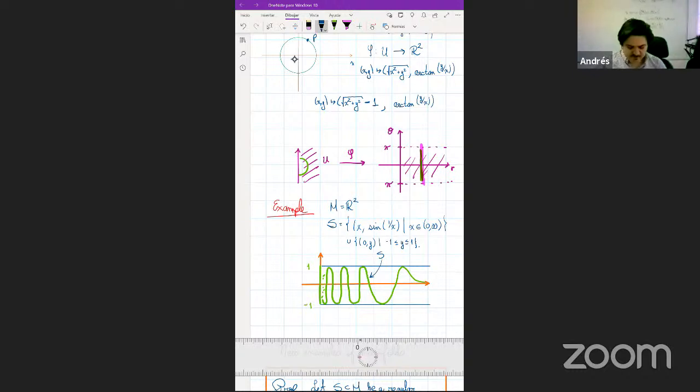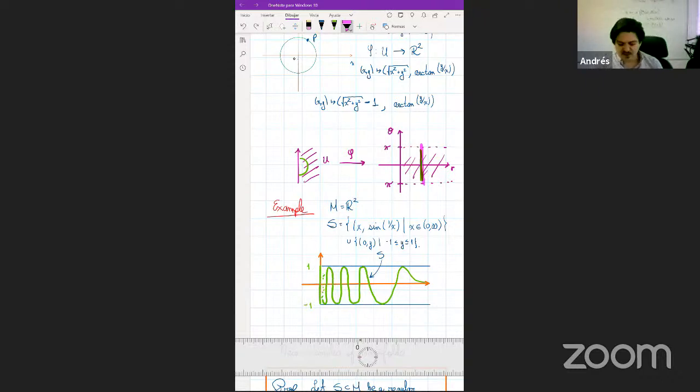Right? Okay, and usually the problem arises on points on this vertical segment. If you zoom in, no matter how small you make the ball centered at a point there, you will always have vertical lines. Okay?